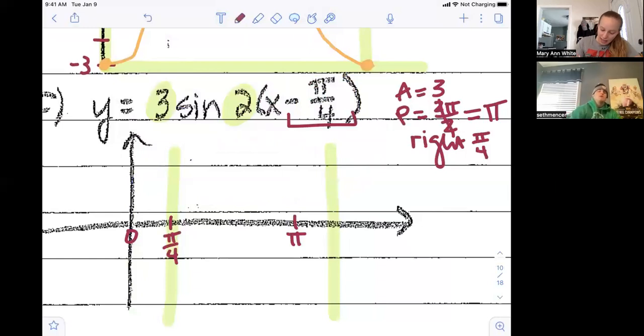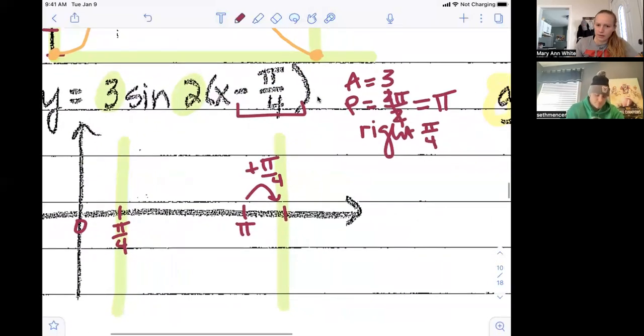I essentially need to add pi over 4 to pi to figure out what my new mark is going to be. So this is where we struggled the other day in class. I think it's easiest to think, okay, if I was at 0 and now I'm plus pi over 4, I was going to pi, so I'm going to add pi over 4 to show that I moved right pi over 4.